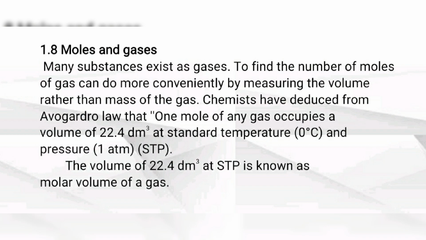STP means standard temperature and pressure, that is 0 degree Celsius or 273 Kelvin and 1 atmospheric pressure. So 1 mole of any gas has a 22.4 dm cube volume, and this volume is known as the molar volume of a gas.